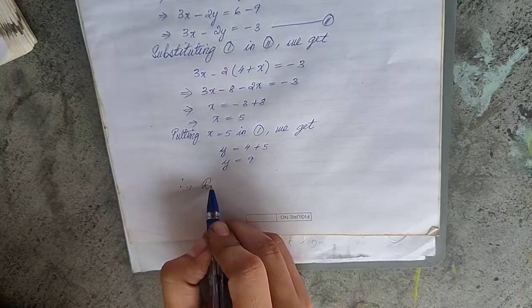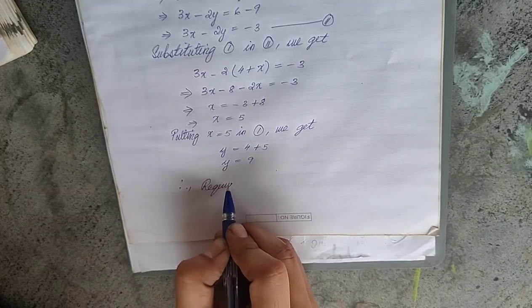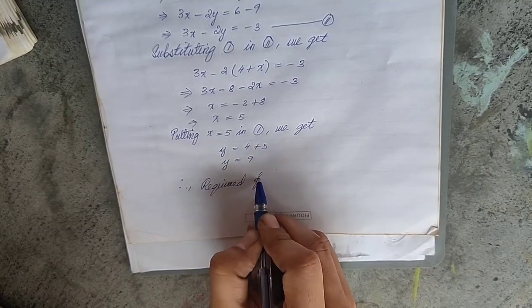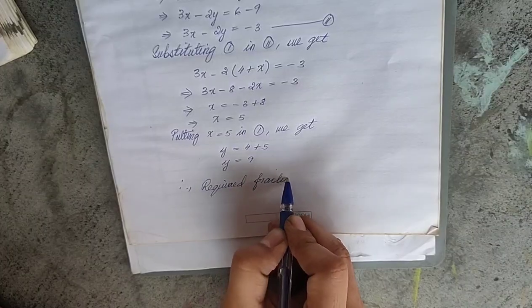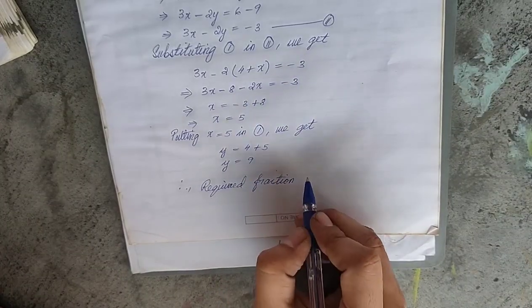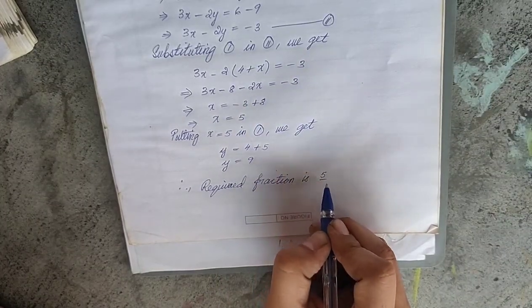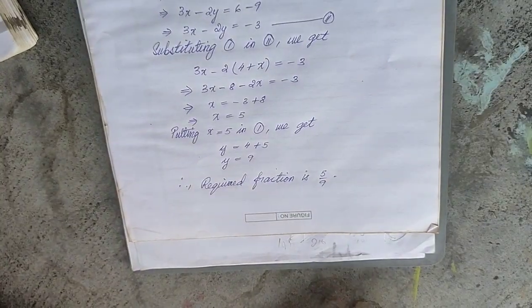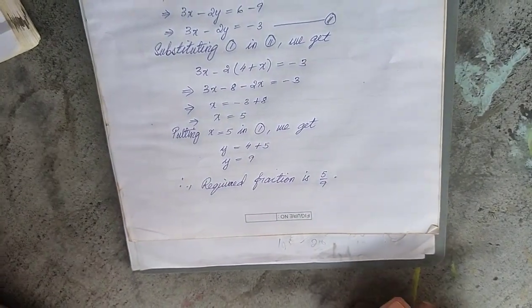Therefore the required fraction x by y is 5 by 9.